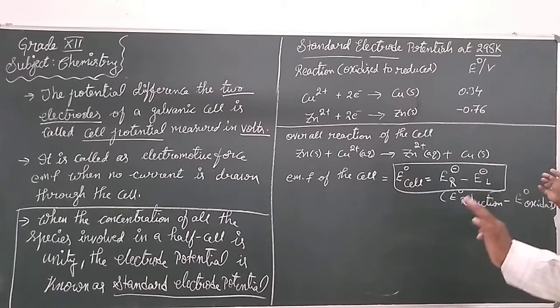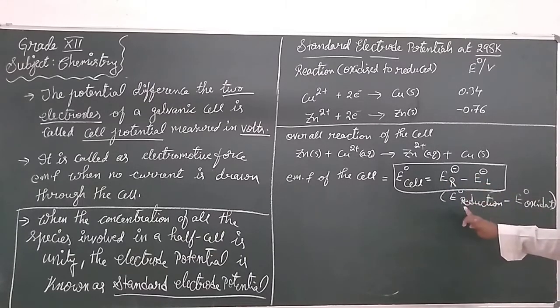On the left side, which rod is present? Zinc rod is present. These are also given as electrode potential of reduction half cell minus electrode potential of oxidation half cell.